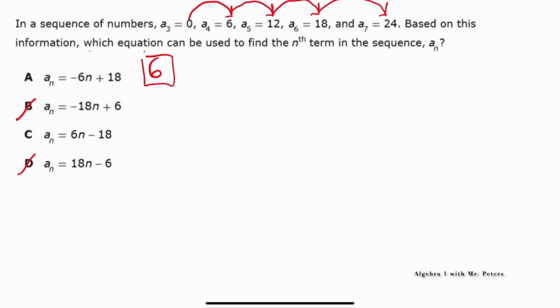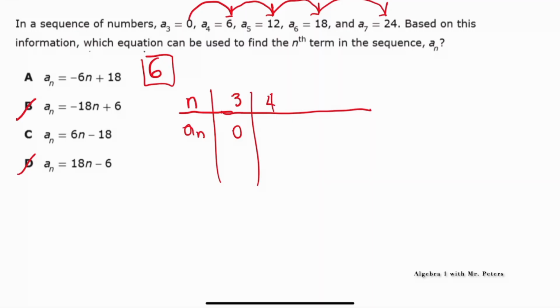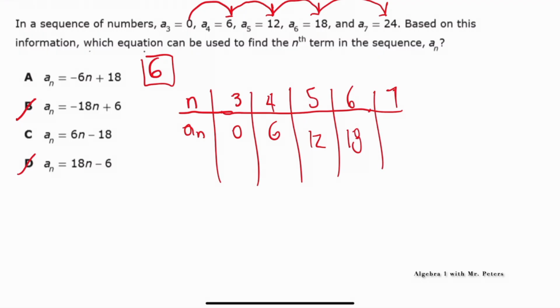Now, the best thing to do is let's draw a table. And we're going to focus on the very first term because that's going to really let us know what we need to do after we multiply by 6. So we know that 3 times 6 is 18.